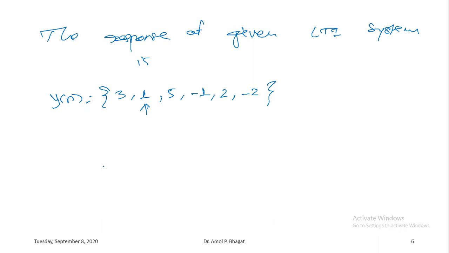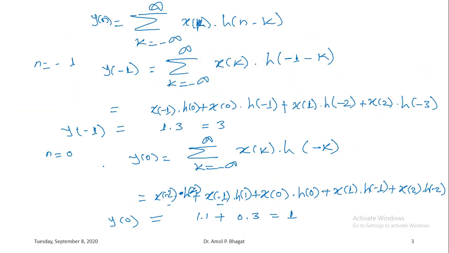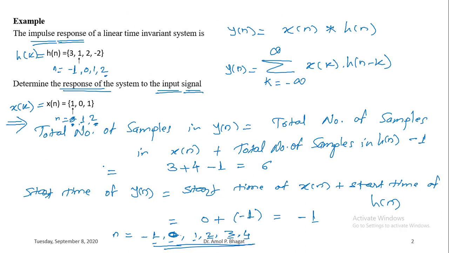Here we have discussed how convolution can be computed mathematically, simply by substituting the sample values of the given sequences in the convolution formula. Before this, we have already discussed the graphical method, tabular method, and matrix method. If you are given an example to identify the response of a system, and it is asked for 6 or 7 marks, then you can use any one of these three methods: graphical, tabular, or mathematical.